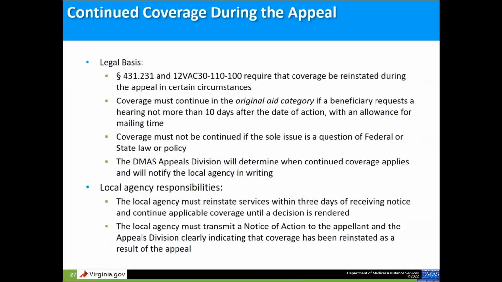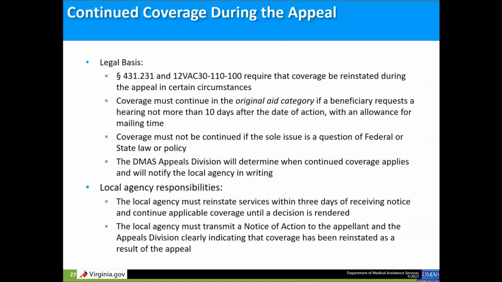When we notify you that coverage must continue, the appellant must be reinstated immediately in the original A category. However, continued coverage does not apply if the only dispute is one of law, be it federal or state.